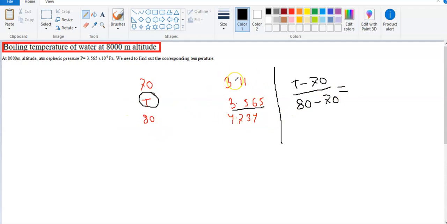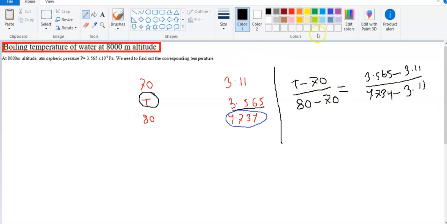This is equal to, so this is the left side we did, and now we need to do the same thing for the right side. That means it will be 3.565 minus 3.11, over the end value, which is 4.734, minus the first value, 3.11.